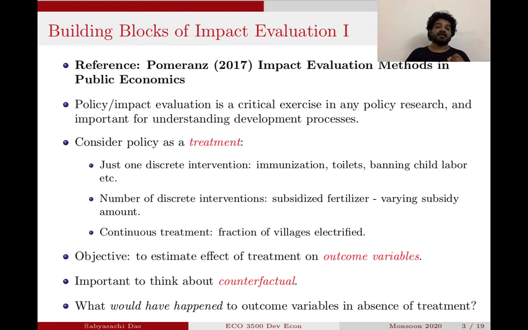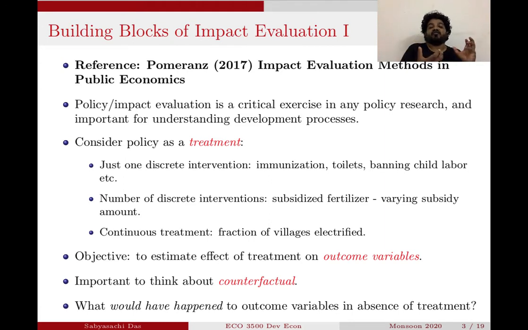Then you are trying to find out whether increasing the share of villages that are electrified increases the growth of all the firms in that district. Suppose you only know whether the firm is located in a particular district or not. You cannot drill down any further. So you can only measure firm growth at the district level, and you also see your electrification data at the district level.